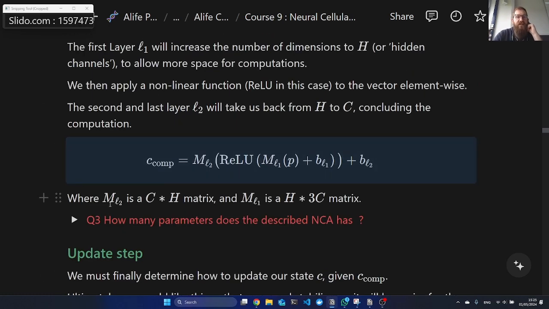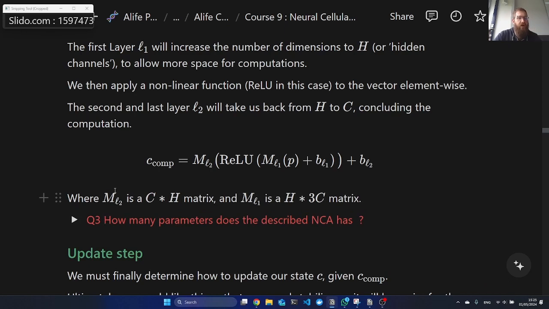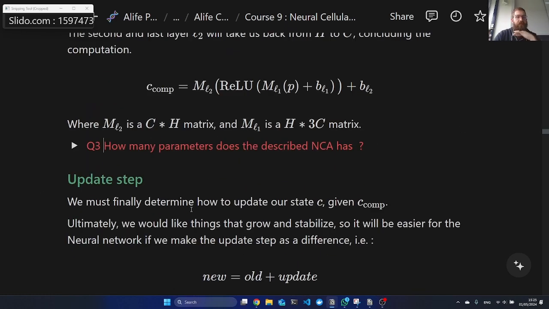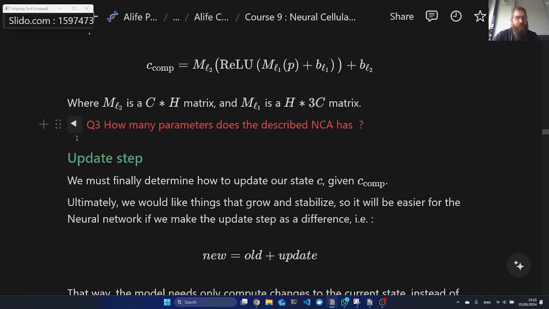These matrices are a C times H matrix, and the other one is a H times 3C. How many parameters? We're going to skip this question. It's not very interesting. But to count how many parameters you have, you just count how many real numbers you have in this matrix, how many real numbers you have in this matrix, and then don't forget this vector and this vector. So the total number of parameters is 4HC plus C plus H.